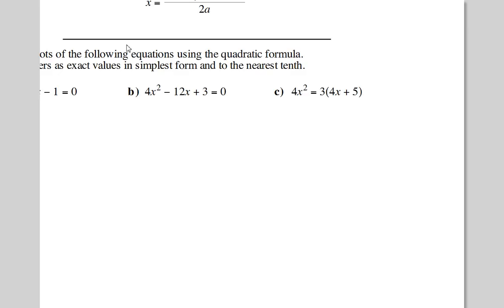Ax squared, bx, and c, right? So let's make that happen. Bring that 3 in, you get 12x plus 15. What side should I bring them to, the left or the right? To the left so that the lead coefficient is positive, right? Okay.